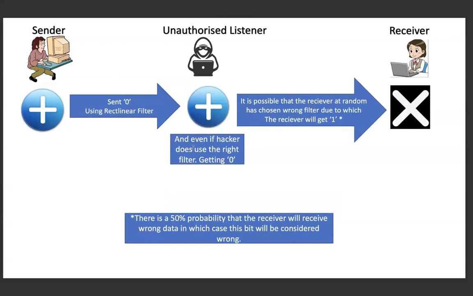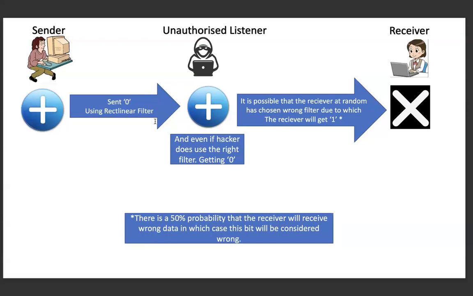Second scenario: let's just say the unauthorized listener did, at random, guess the filter properly. So for a particular bit, I was using 1 and the unauthorized user was using plus. And the receiver, at random, selected the wrong filter.